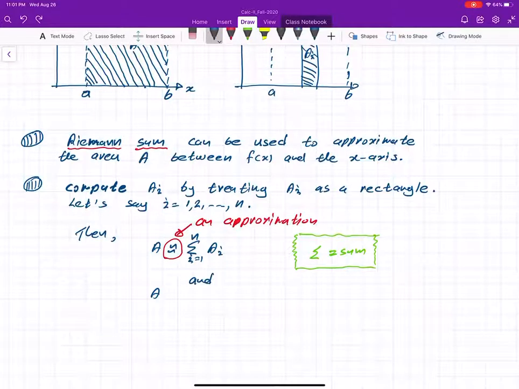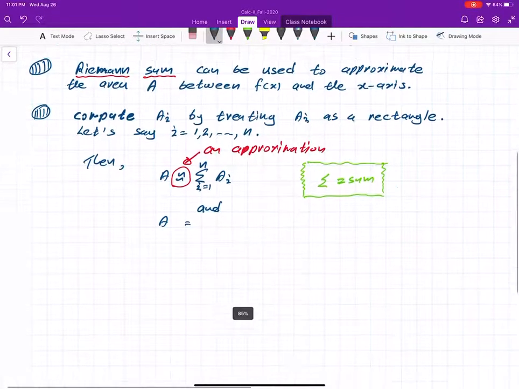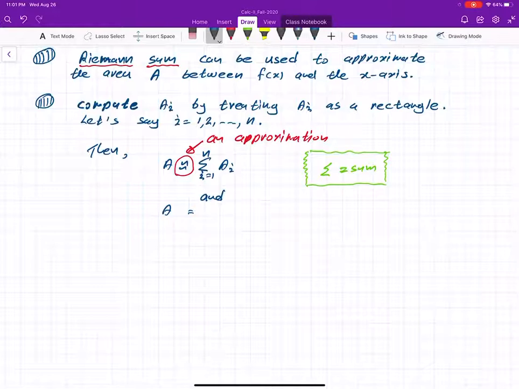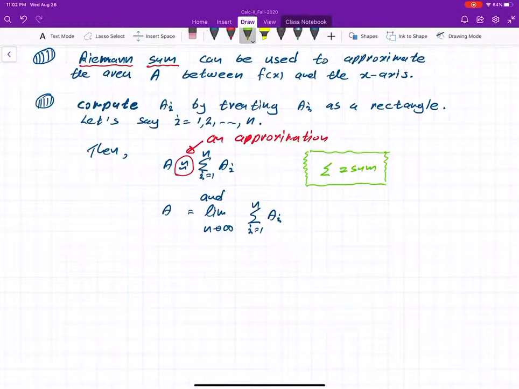So you write this to be the limit as n goes to infinity of this sum. Let me write the meaning of this.